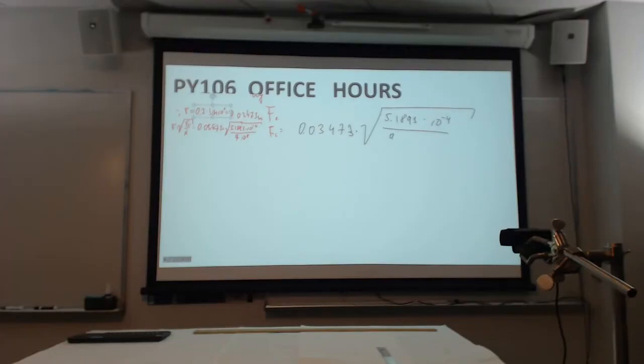Okay, let's check it out. I want to make it differently: 90 times 10 to the 8th, 0.03473. This is 10 to the negative 2nd, this is 10 to the 4th, and I have left 5.1893 over 90. So this is actually 3.473.